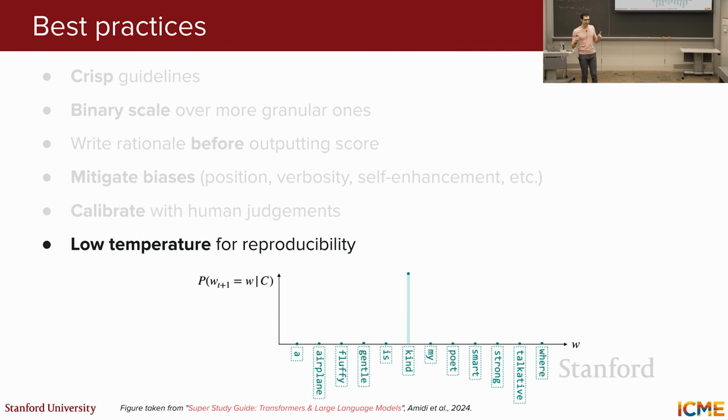And then the last thing is the temperature. If you remember, the temperature is a parameter that you can tweak to make your generation more deterministic as opposed to more creative.